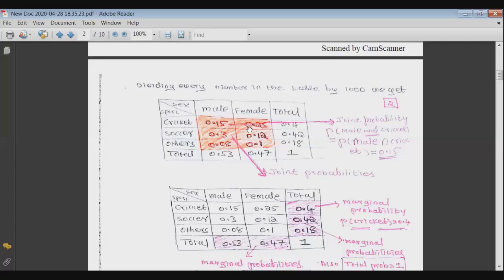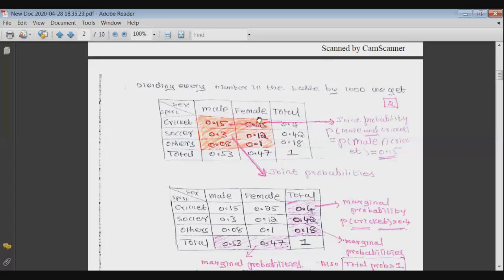In the same fashion, 0.25 represents the probability that the individual is a female and whose favorite sport is cricket. Similarly, 0.3 is the probability that the individual is a male and whose favorite sport is soccer. In the same fashion, we can claim the rest of the values, as shown here.